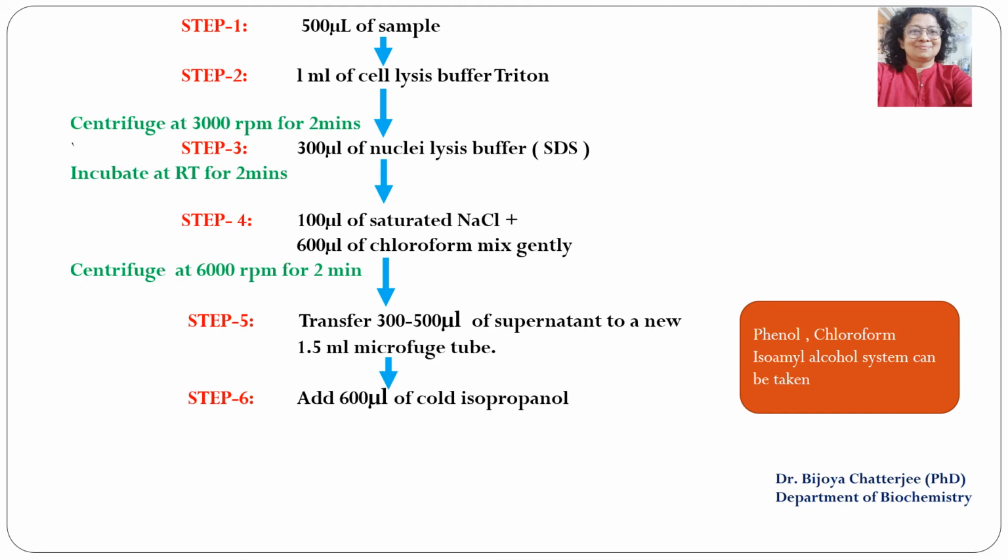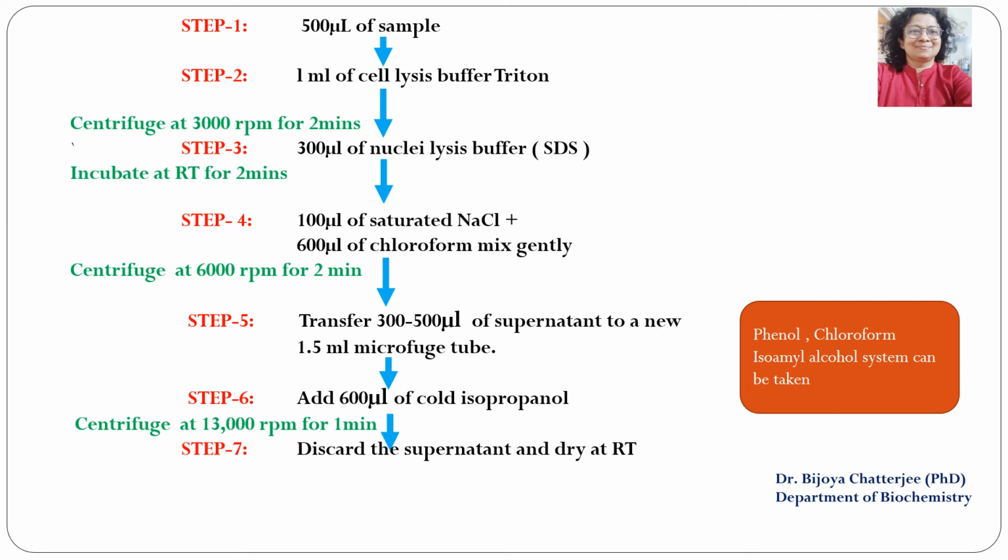Then in step 6 we add 600 microliter of cold isopropanol, which helps in precipitation and removal of the proteins. Then we centrifuge it after adding isopropanol at 13,000 rpm for 1 minute.